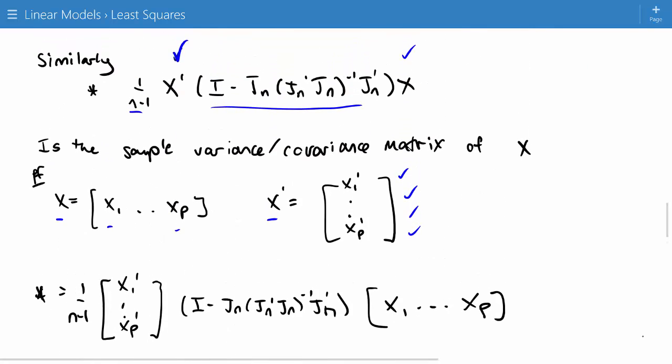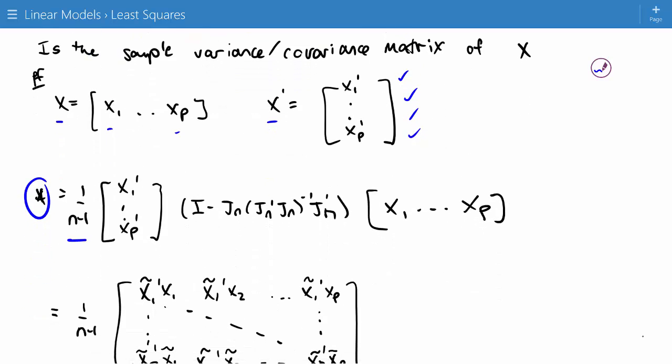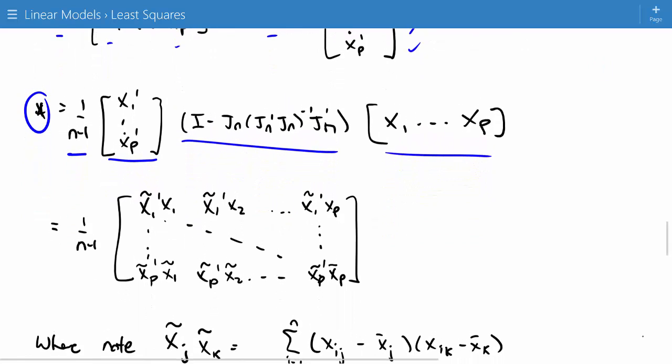So this equation right here with the asterisk, here it is again, is 1 over n minus 1 times X transpose times this matrix times X. If I simply carry out the rules of multiplying through partition matrices, I wind up with x1 tilde transpose x1, x1 tilde transpose x2, x1 tilde transpose up to x1 tilde transpose xp, and so on.